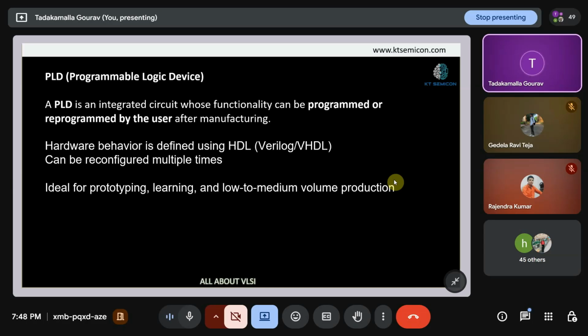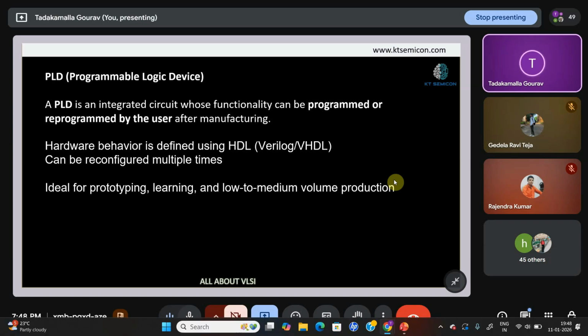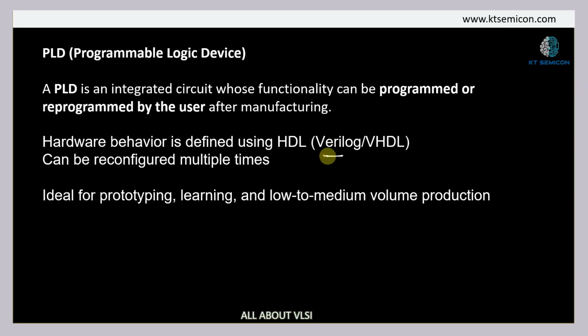Now, we configure the behavior of the hardware using HDLs. HDL is nothing but hardware description language. We have two types of HDLs, Verilog and VHDL. Verilog is popularly used in India, and VHDL is popularly used in European countries. Our main target will be Verilog, so your prerequisites should also be in Verilog.